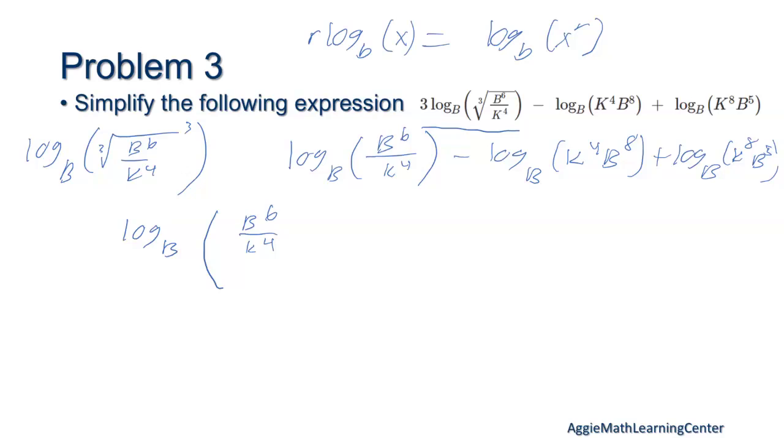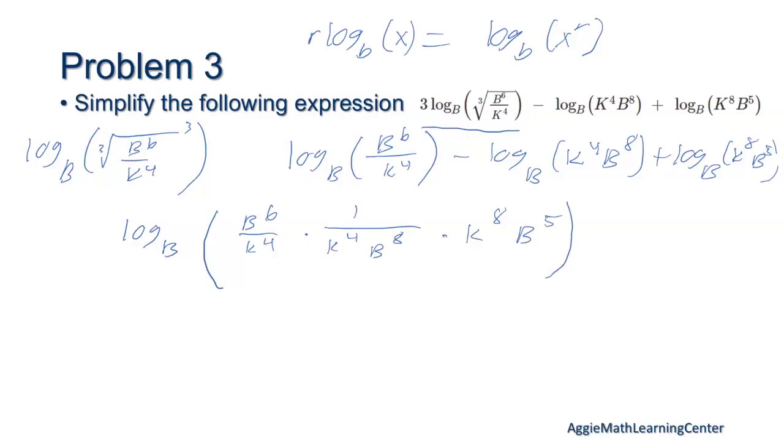And then you divide that, so that's basically times 1 over k to the 4th, b to the 8th, because that next log has the negative. So that's going to be the denominator. And then you multiply that by k to the 8th, b to the 5th.